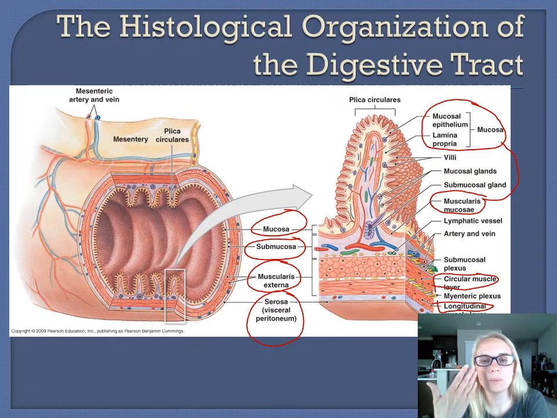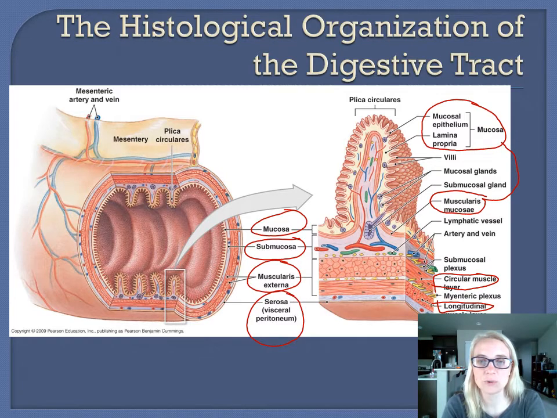Now, when we're talking about, say, the esophagus, that mucosal epithelium is going to be stratified squamous epithelium because you're still swallowing pretty large chunks of food. We need that thick tissue for protection. When we get into the stomach, it transitions from the esophagus's stratified squamous to a simple columnar, and it runs simple columnar all the way through the stomach, small intestine, large intestine.